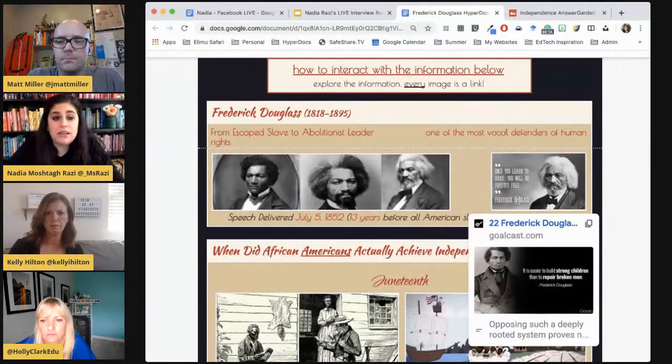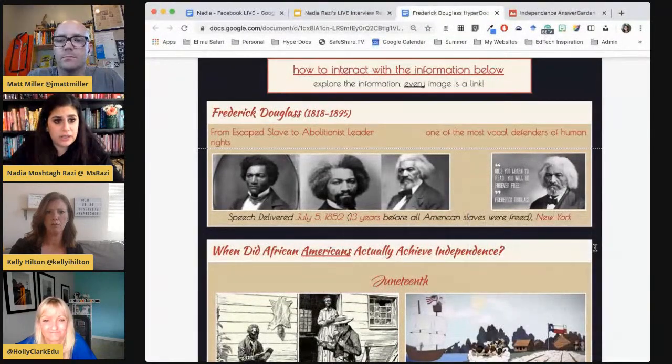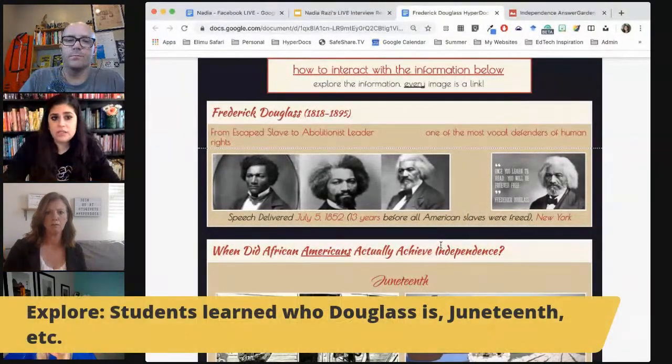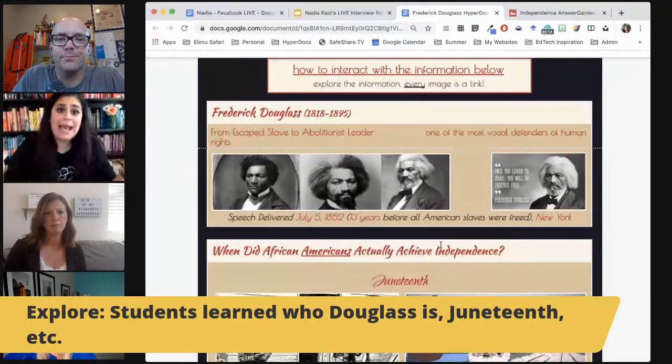A lot of times it's Martin Luther King and Rosa Parks, right? So I wanted to include information about Frederick Douglass, and we talked about him in my class and how he's kind of the main guy at this time.